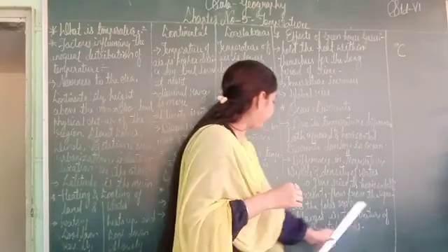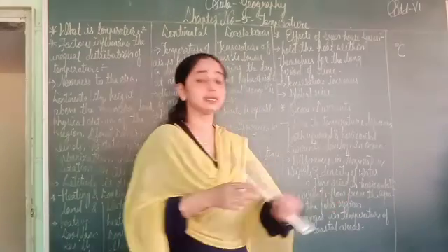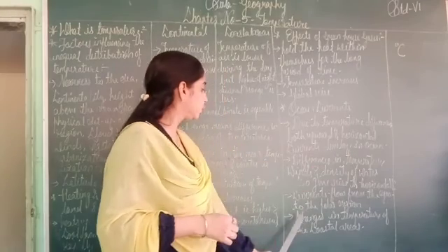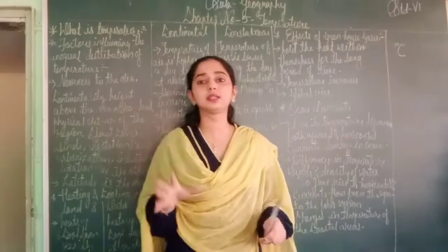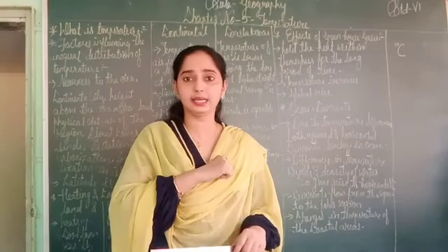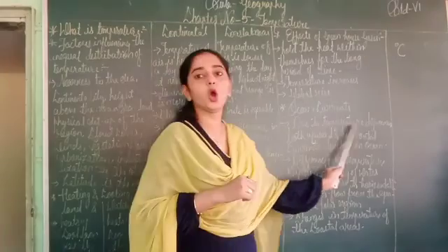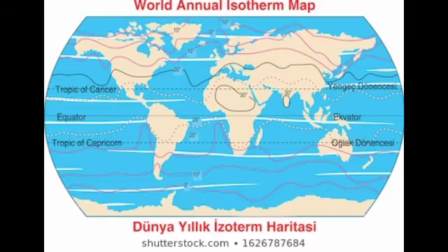Changes in the temperature of the coastal areas: the coastal areas also change their temperature because of these oceanic currents. Isotherms: the lines drawn on a map joining places of equal temperature on the earth are called isotherms.